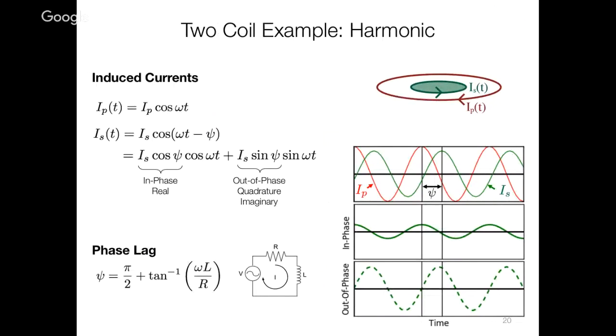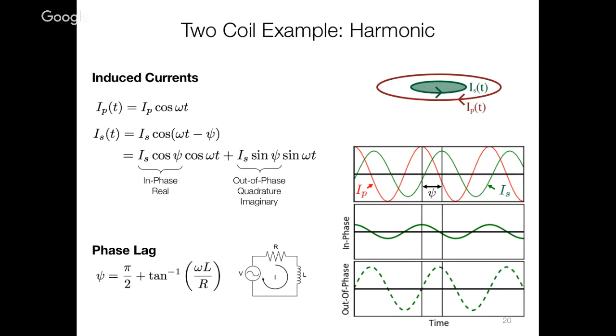If we look at what, let's say, the primary current is here, it looks like this. Then there's going to be a current generated in this target loop because the flux is always changing. There is going to be this guy.